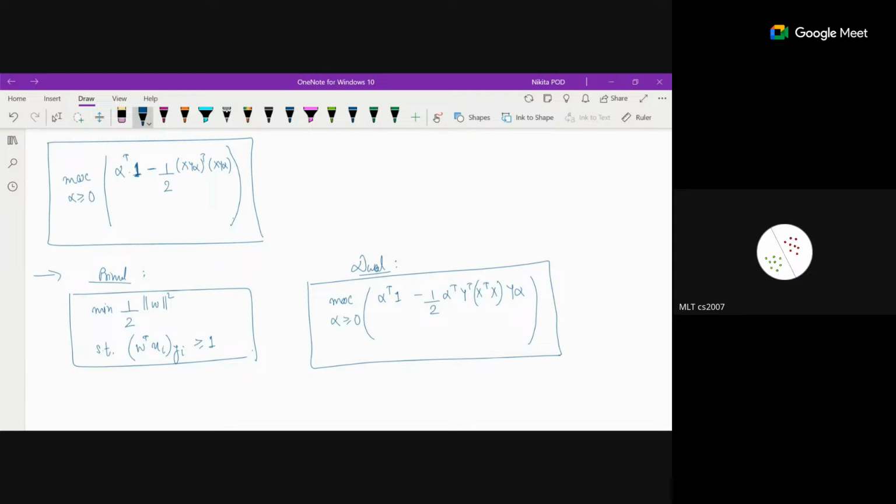So now, when we converted this primal problem to the dual problem, you can see you have this X transpose X right here, and this is nothing but your kernel, right?